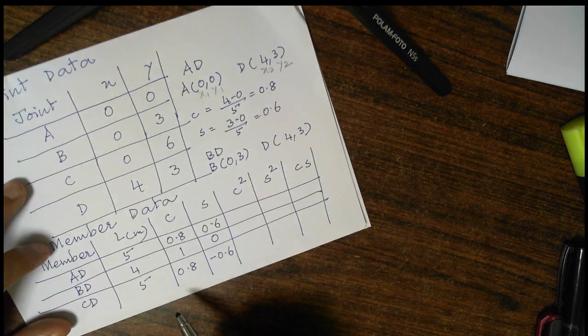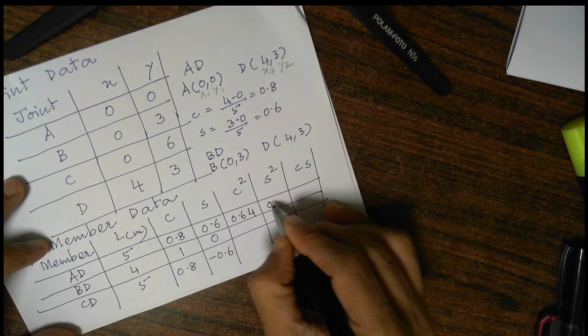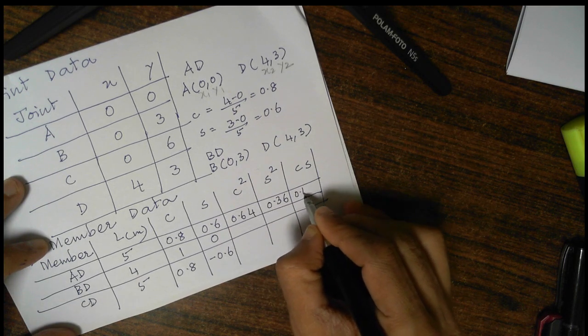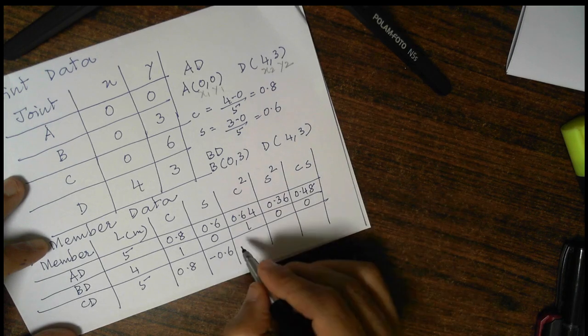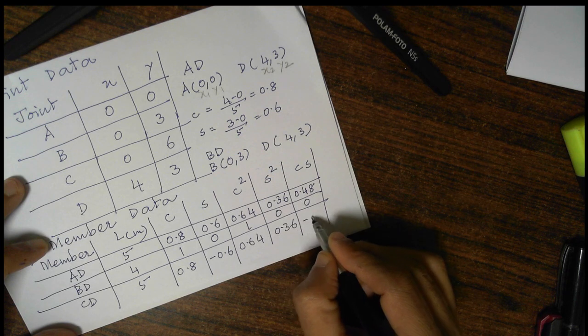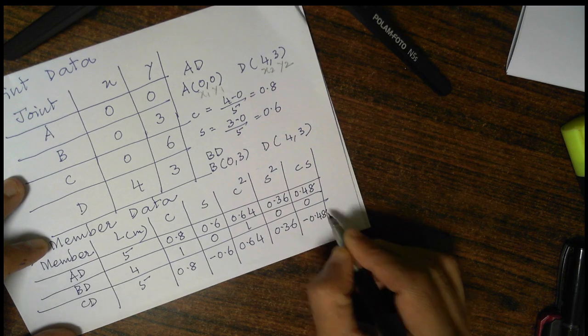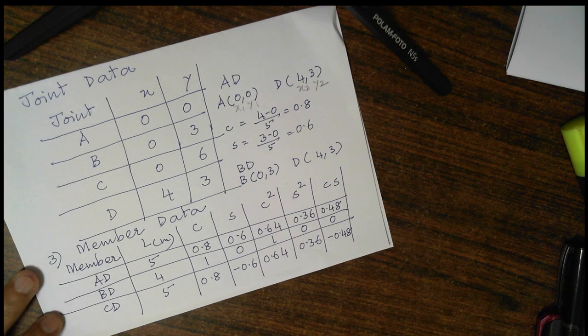Once this data is ready, I can write cos square 0.64, sin square 0.36 and cos sin 0.48. For BD: cos square 1, sin square 0, cos sin 0. For CD: 0.64, 0.36 and minus 0.48. This is the basic preparation for writing the member stiffness matrices in global terms.